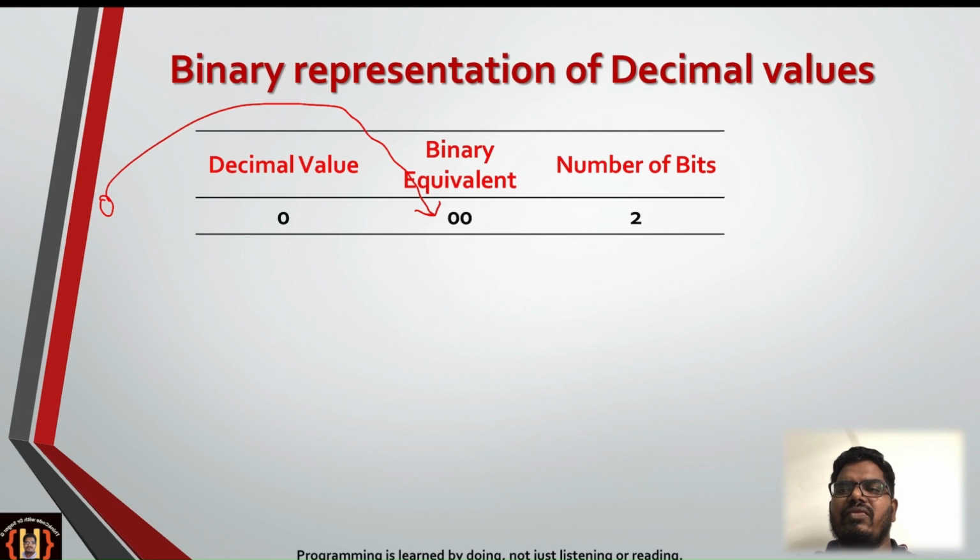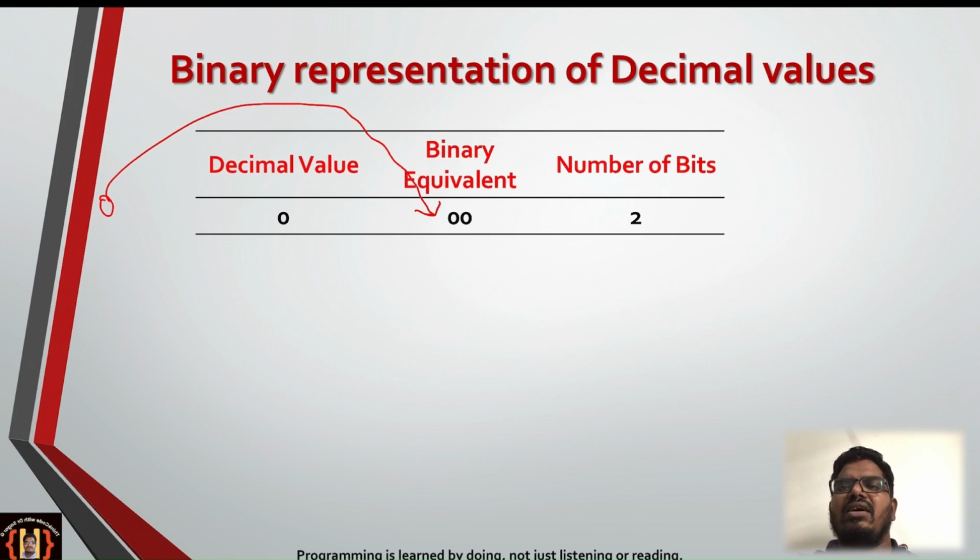Before I talk about characters, let us see decimal values. Let us say 0 is converted into 00. This conversion from one number system to another, we have a separate class on that. I'll tell you decimal to binary, binary to decimal, binary to octal, and binary to hexadecimal. All these conversions are in the forthcoming classes.